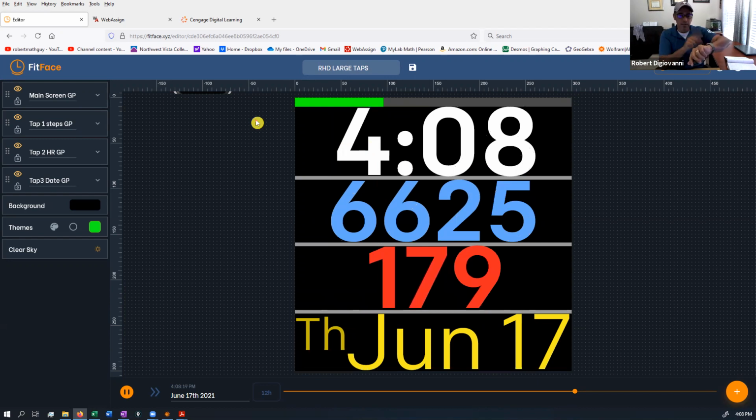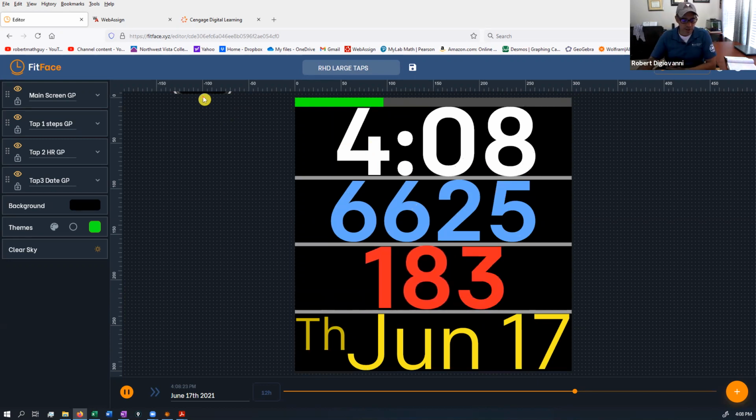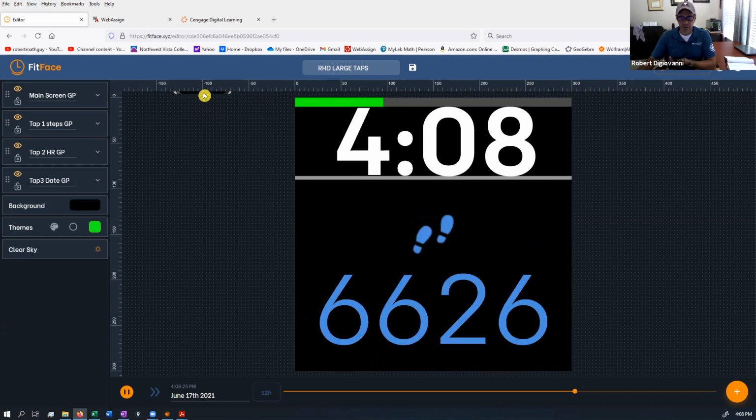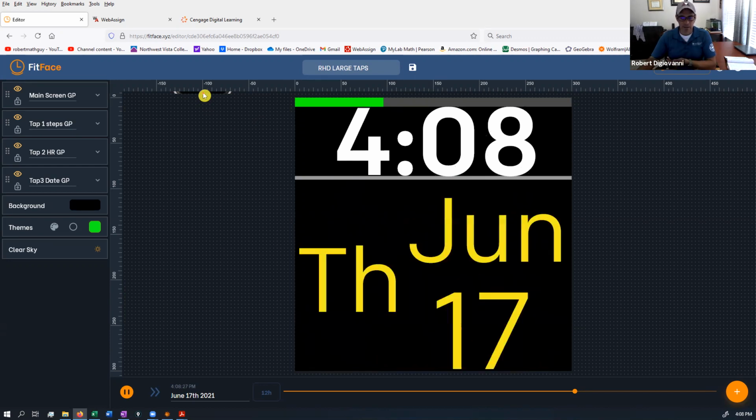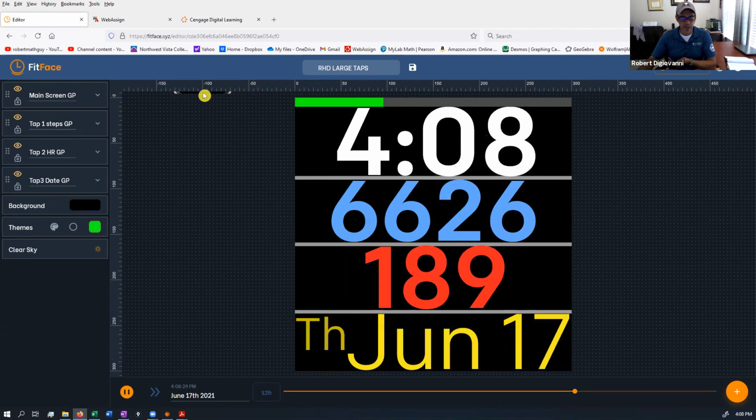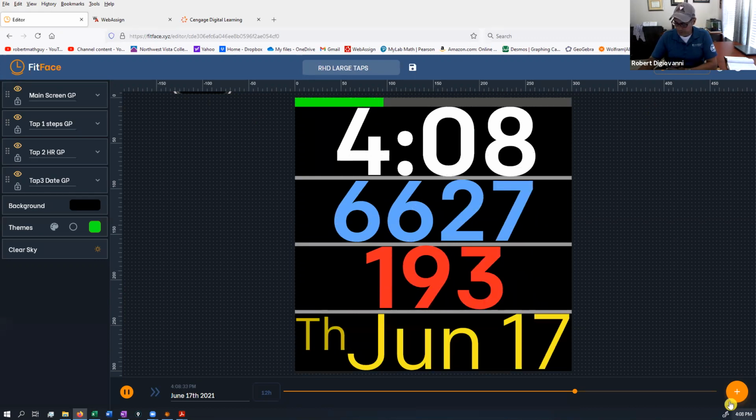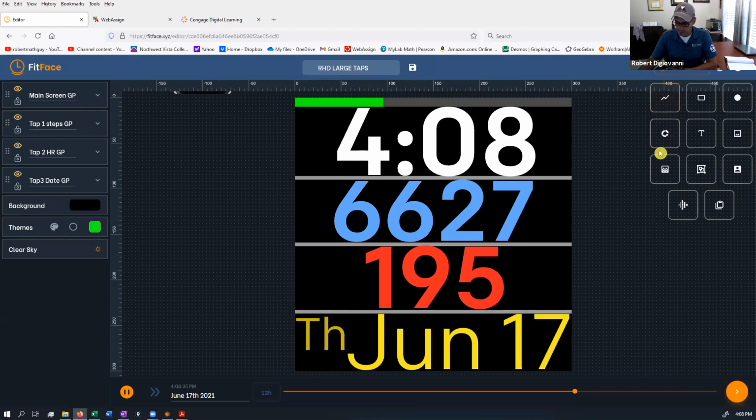And when I tap the face of the watch, my screen changes. When I tap it, it changes to just steps, then heart rate, then the date, then back to the main screen.